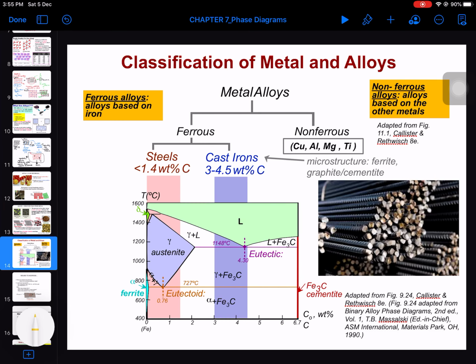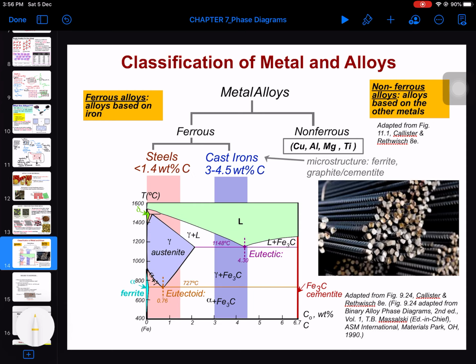Next is the classification of metals and metal alloys. Metals and metal alloys can be classified by several categories.